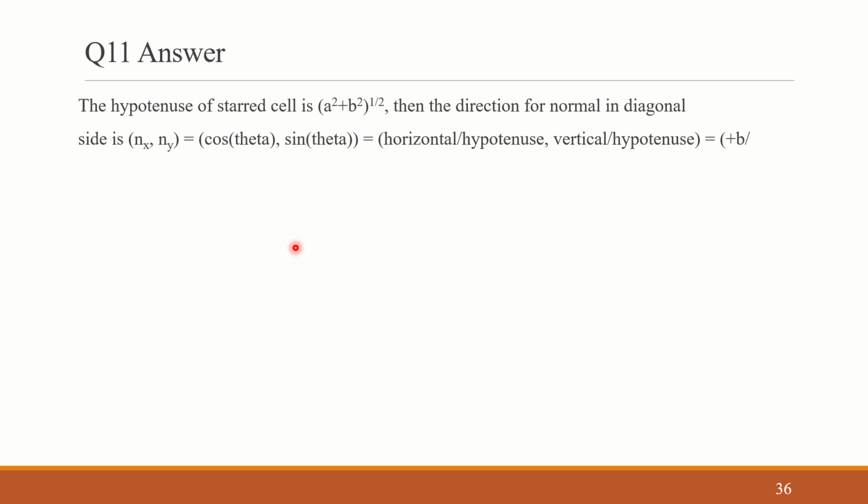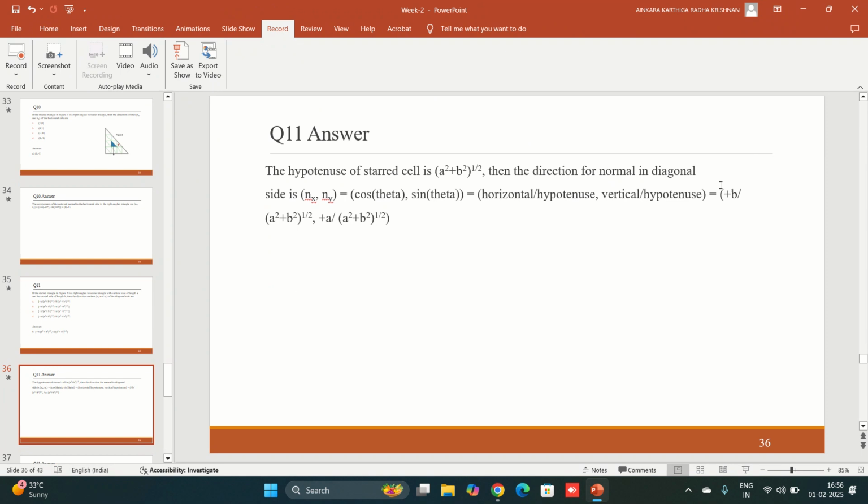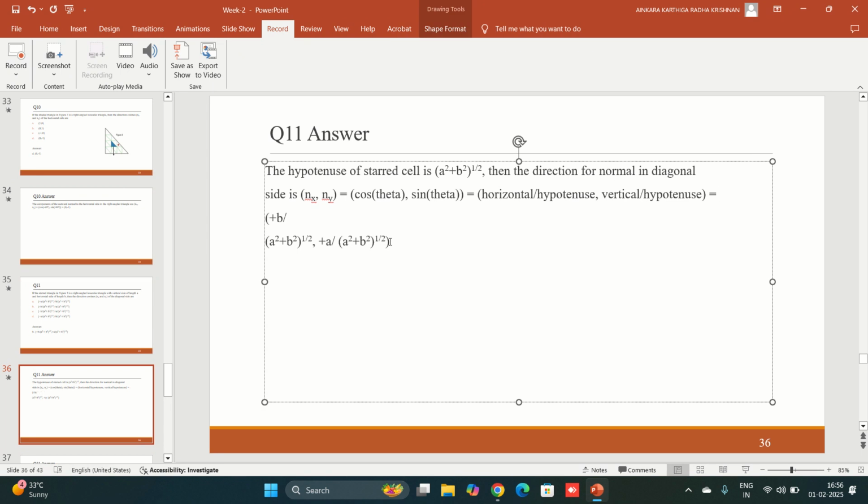That is what we have given here as well. So cos theta is horizontal by hypotenuse, and sin theta is vertical by hypotenuse, and it is b by square root of a square plus b square, comma, a by square root of a square plus b square.